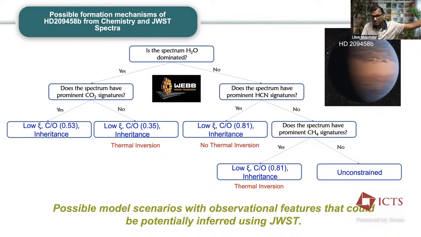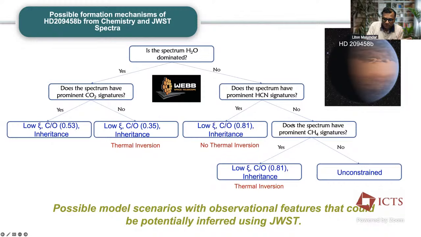So essentially, you are probing even before the disk was formed. So essentially, pre-stellar stages. But if you have water, but if you don't have CO2, okay, because now your atmospheric chemistry will show CO2 abundances should be much lower, then essentially you are probing a low ionizing environment with lower carbon to oxygen ratio. And still you are probing with inheritance. Same thing if you have a water dominated spectrum, but if you don't have HCN, okay, then what kind of possibility do you end up with?